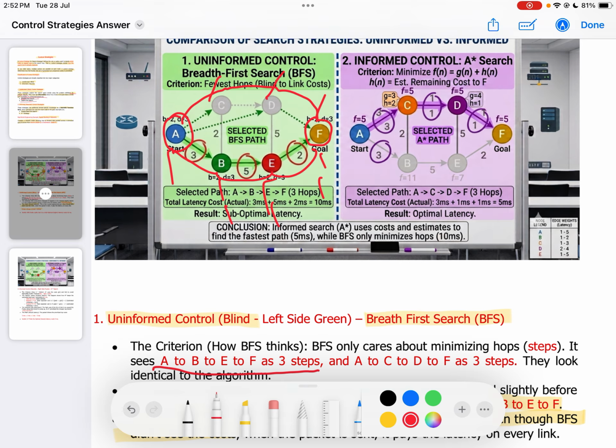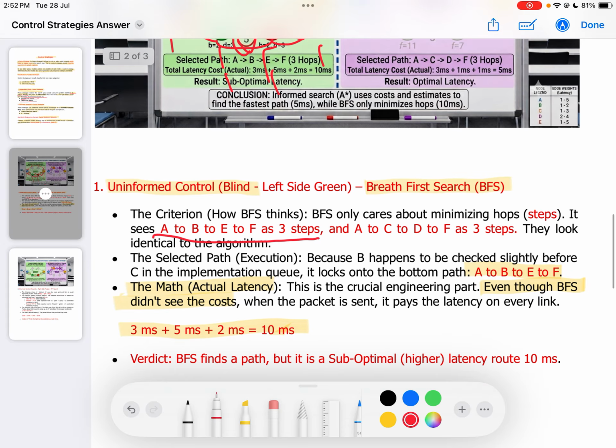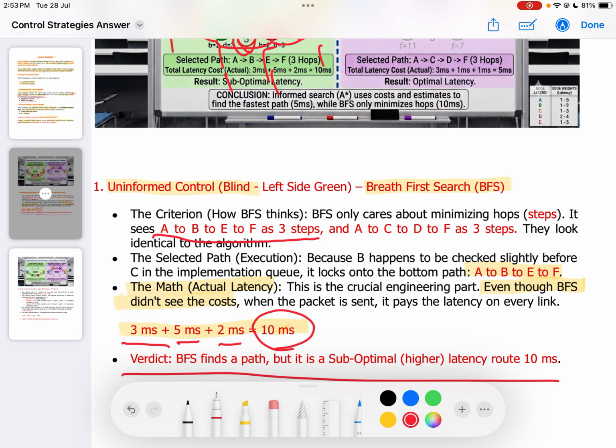A to B is 3 milliseconds, B to E is 5 milliseconds, E to F is 2 milliseconds. That is 3 plus 5 plus 2, which is 10 milliseconds. This is the path cost in BFS, which is 10 milliseconds.